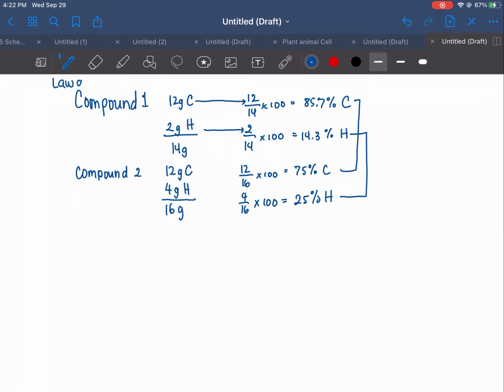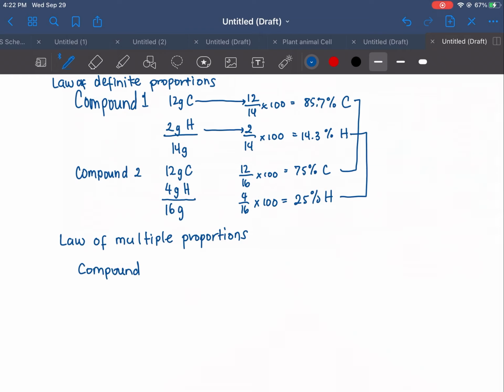We're going to look at the distribution of carbon and hydrogen in this particular compound. The ones I just showed you is the law of definite proportions. The law of multiple proportions is a little bit different because we are going to divide the two to find the ratio.